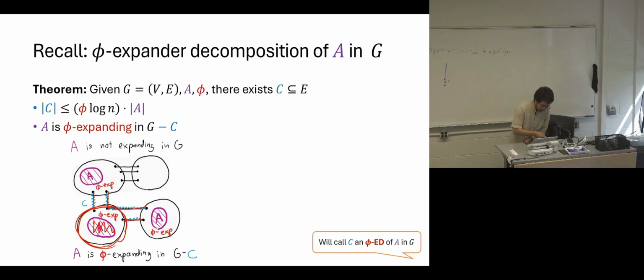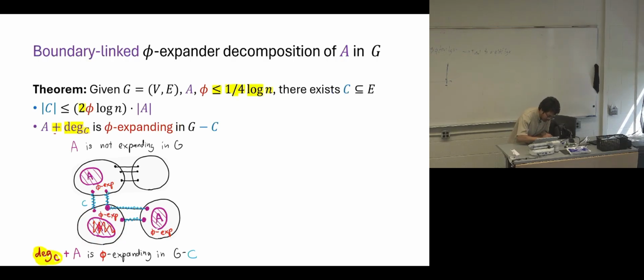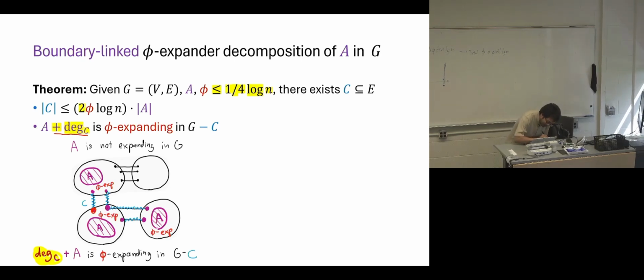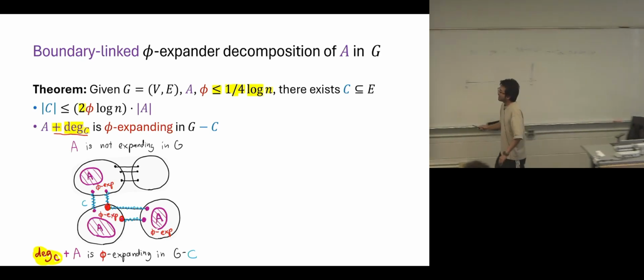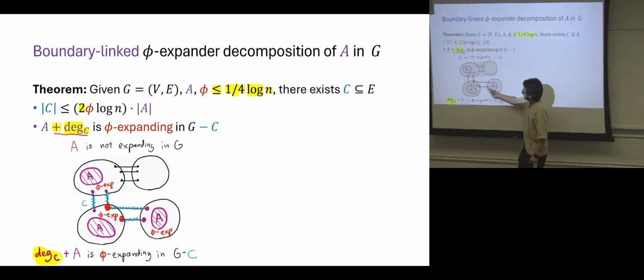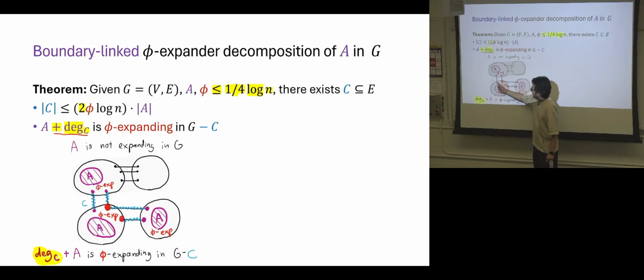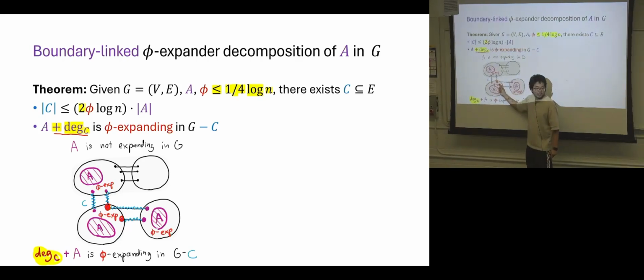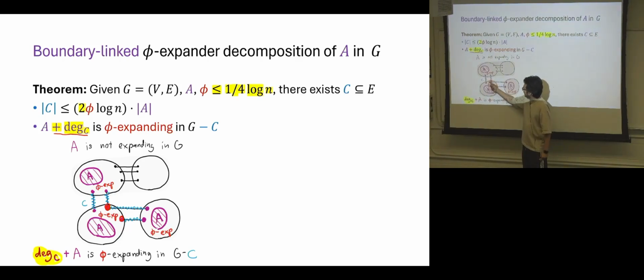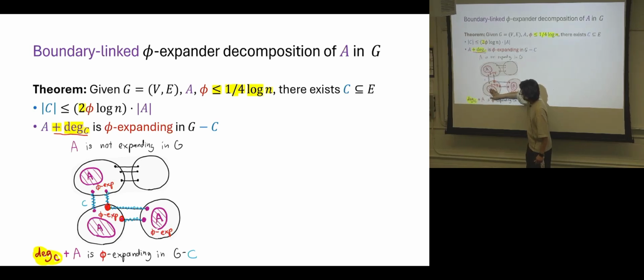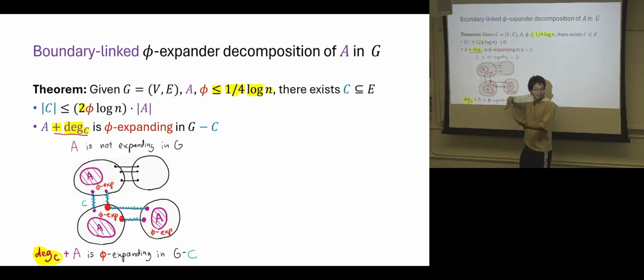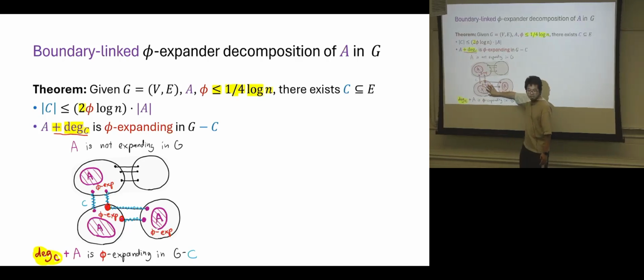But now, even after adding this node weighting, meaning the endpoints of the cut, think of the endpoints of the cut as another node weighting that you care about too, A inside together with the boundary are expanding together inside this component.